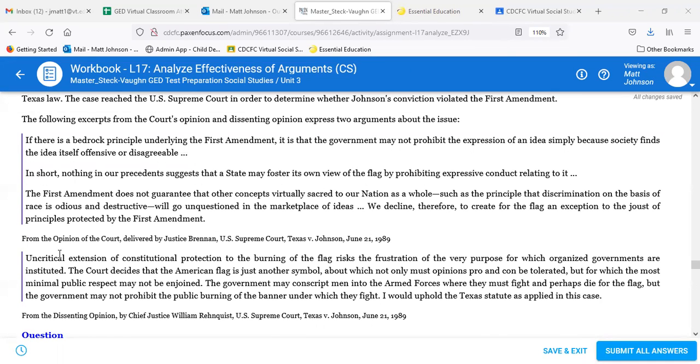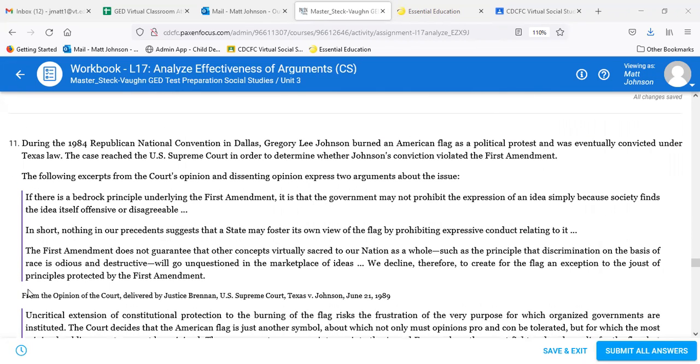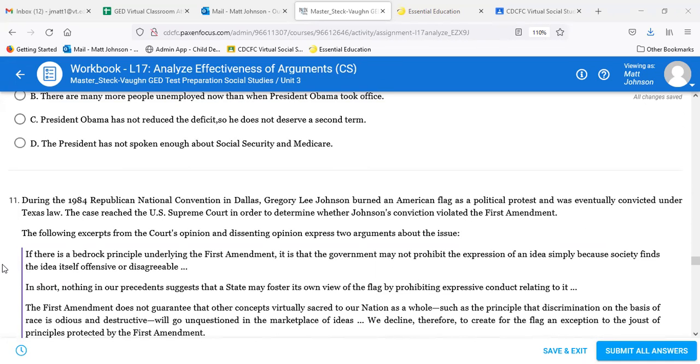So here there's two. We're starting off with the opinion of the court. The first passage is the overall majority decision, right? So this was the Supreme Court ruling that we're reading first. And it starts off during the 1984 Republican National Convention in Dallas. Gregory Lee Johnson burned an American flag as a political protest and was eventually convicted under Texas law.